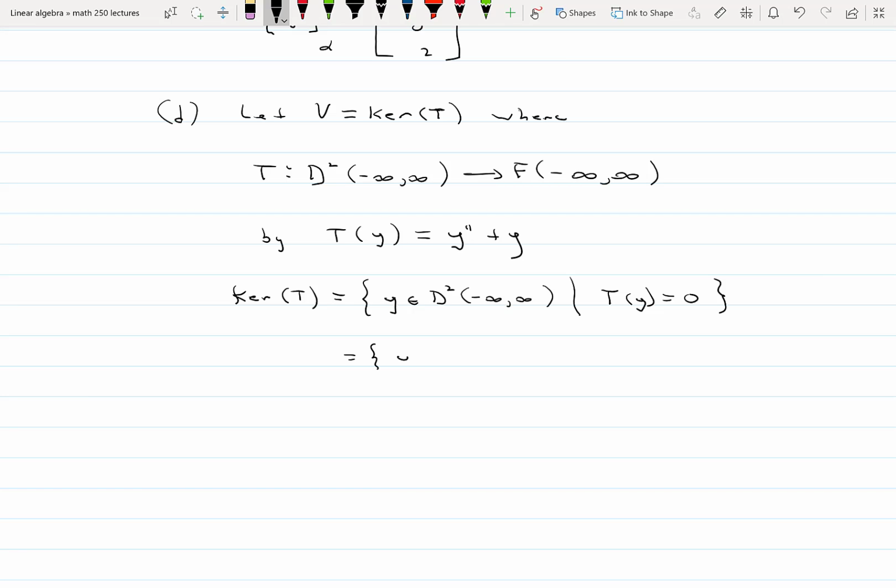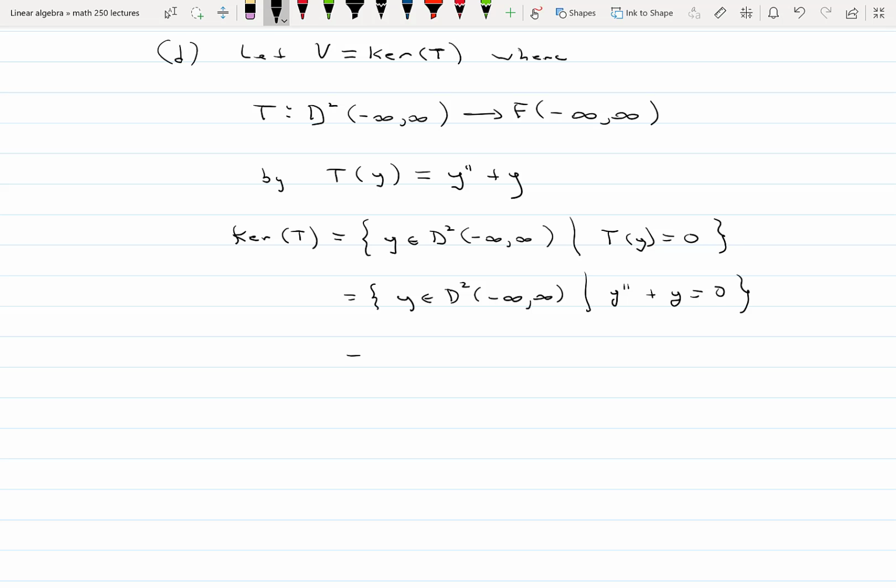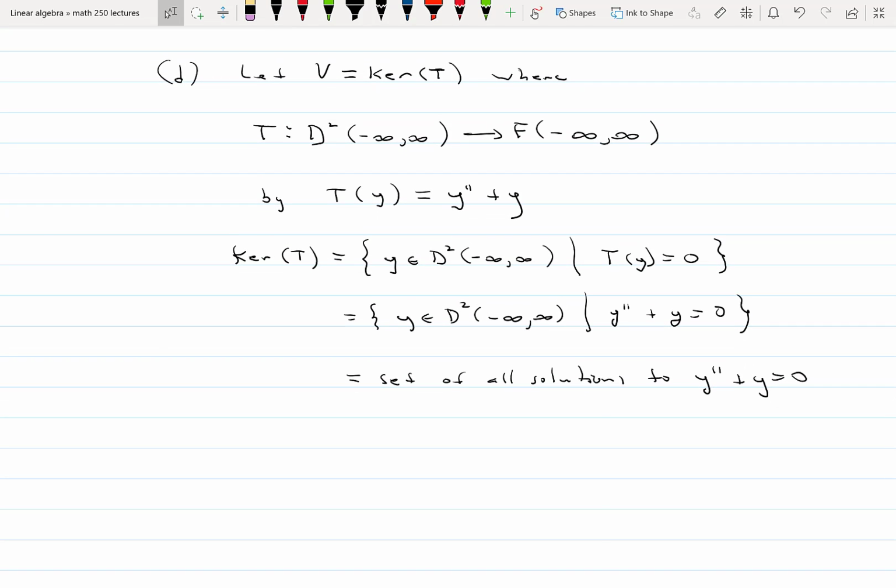Or the set of all y in D2 of negative infinity to infinity such that y double prime plus y equals 0. So it should look really familiar. If you don't see it yet, it's just the set of all solutions to the second order differential equation y double prime plus y equals 0. But we need to write it in this fancy term because we're looking at vector spaces.